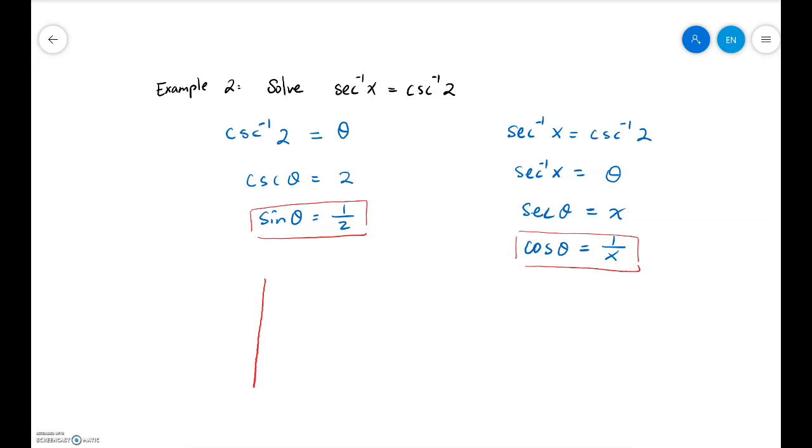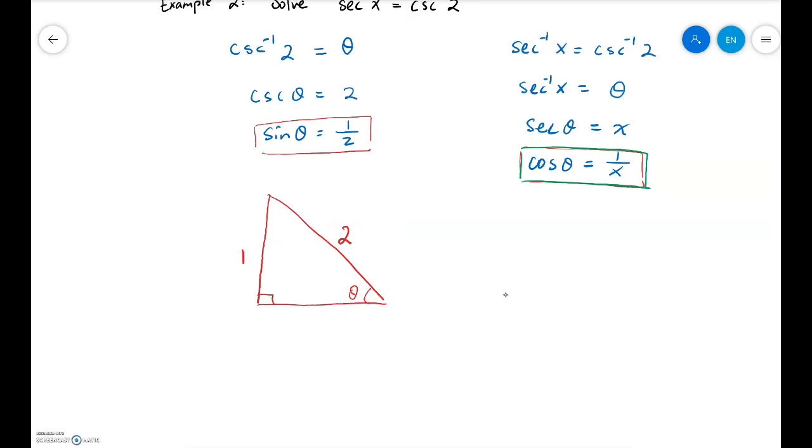I can draw a right triangle with angle theta. From the first equation, I know sine of theta equals 1 over 2. Looking at the right triangle, one leg is 1 and the hypotenuse is 2. Then the third leg is going to equal the square root of 2 squared minus 1, which is square root of 3.